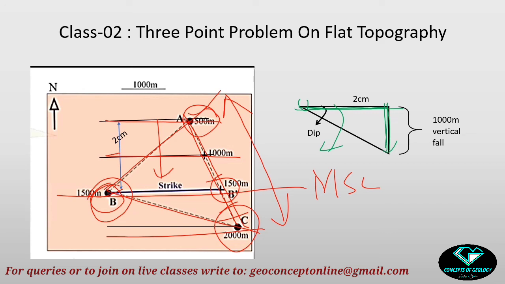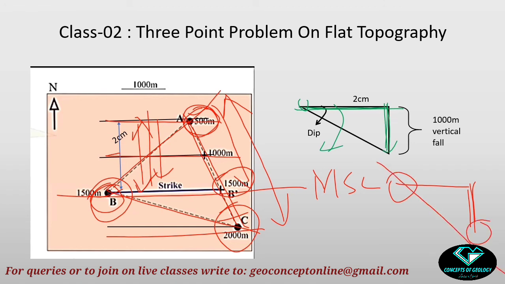Then to measure the angle of dip, find out the contour spacing on the map view, draw a triangle, put this horizontal spacing on a horizontal line and the vertical fall of the contours on a vertical line. Convert the vertical fall of contours according to your map scale. I will join these 2 points through a line. This will be the appearance of the bed. I will measure this angle to find out the dip angle.